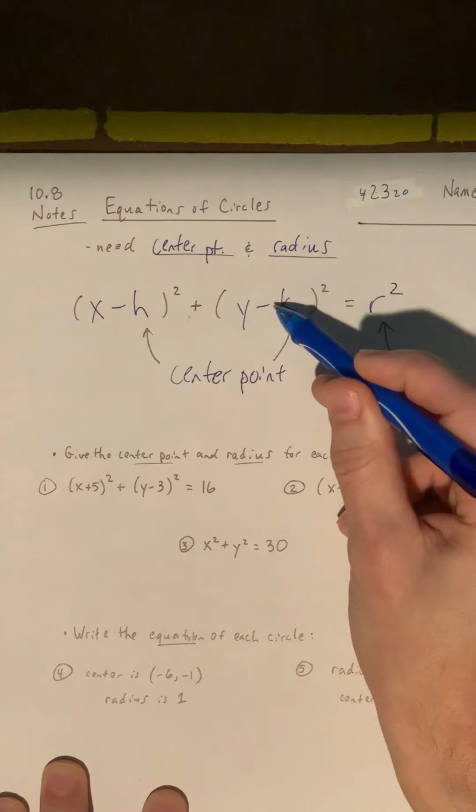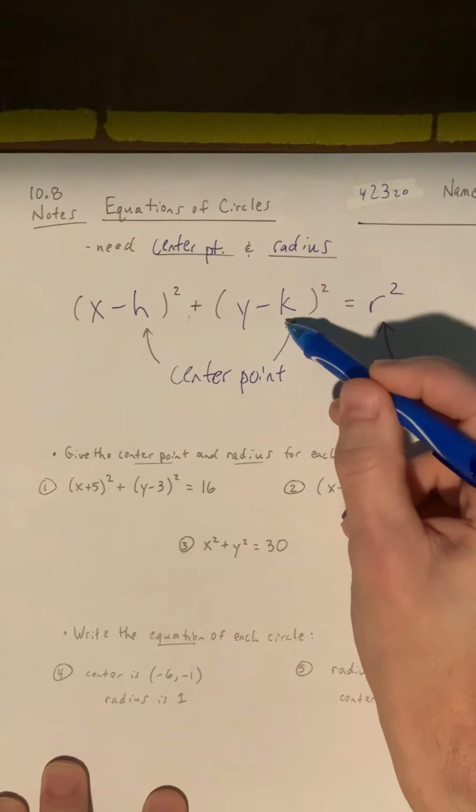And let's say the y-coordinate is negative 2. When you put a negative 2 in for k, this minus sign and the negative are going to cancel, and it's really going to be a plus 2. So if you put a negative in for k, like a negative 2, it's going to be a plus 2.